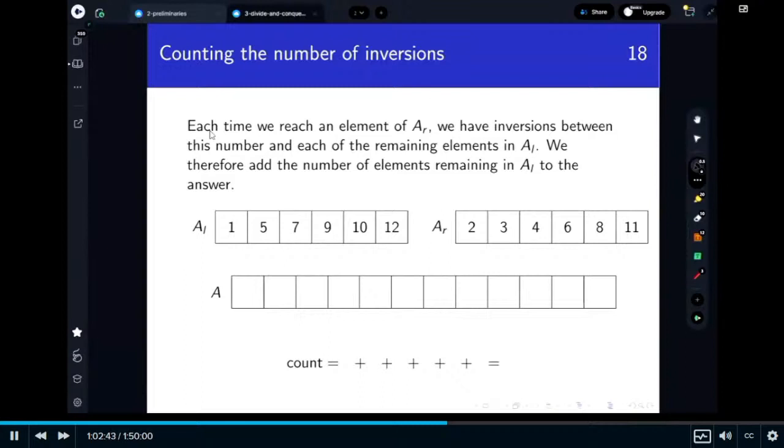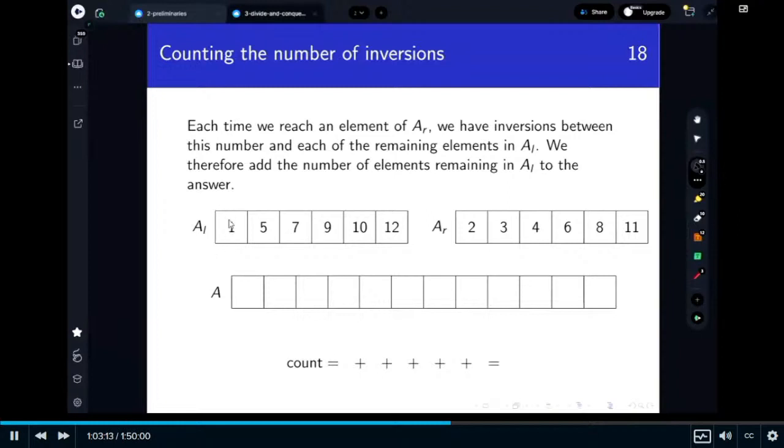So what are we going to do? We go through AR one by one. We encounter this 2 here. We want to look at how many elements in AL are smaller than 2. We'll walk through AL one by one.